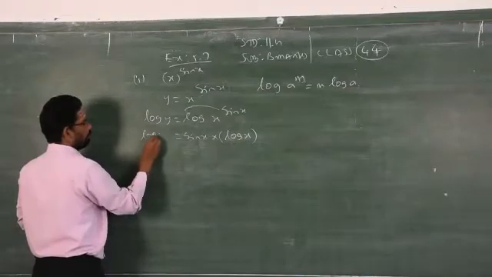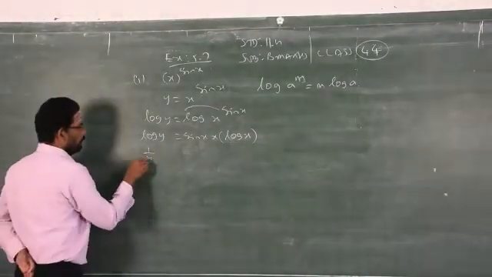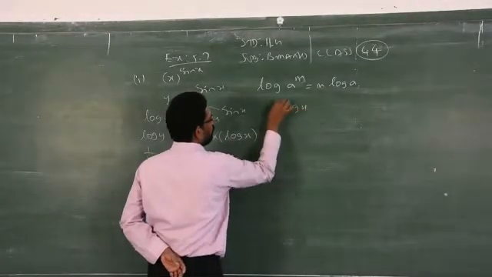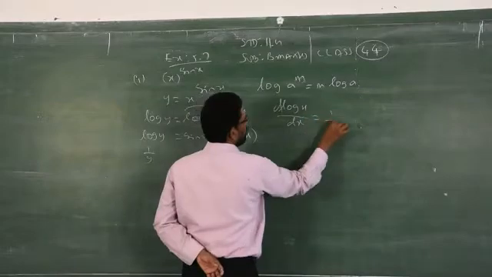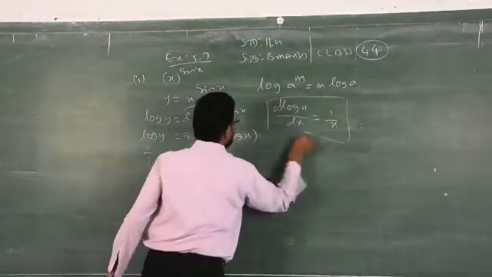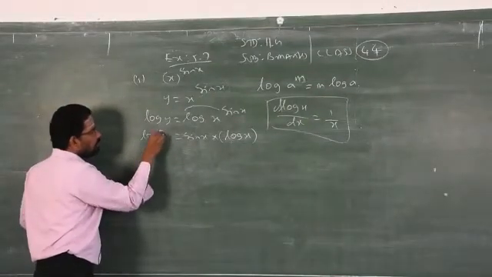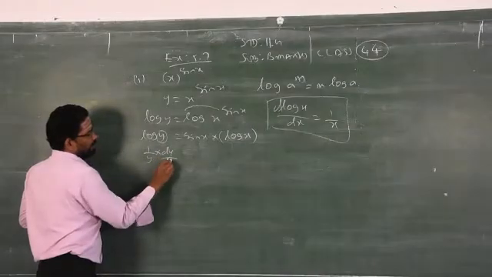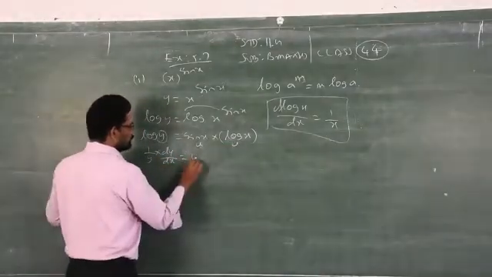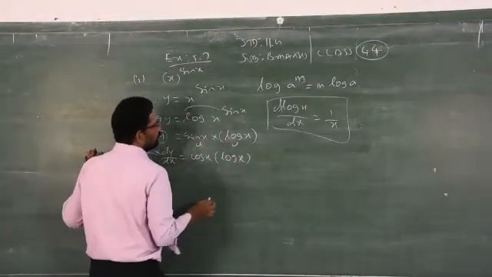Here log y. Now you start to differentiate. So 1 by y, since differentiation of log x is 1 by x. Use the formula. Clear? In the place of x it is given y. So 1 by y, then you differentiate y with respect to x, is equal to UV method. Differentiate sin x, cos x, keep the log x as it is. Clear?